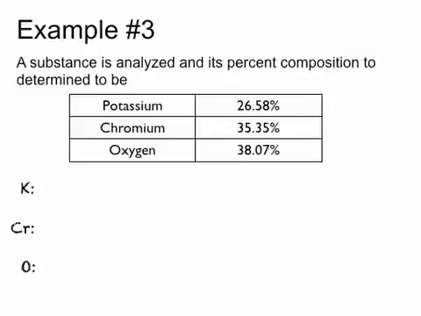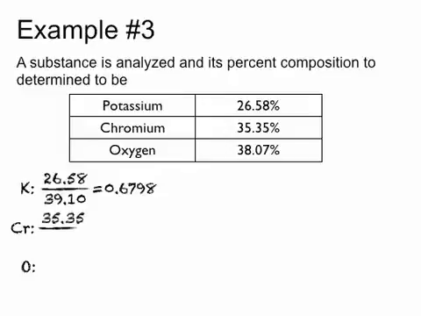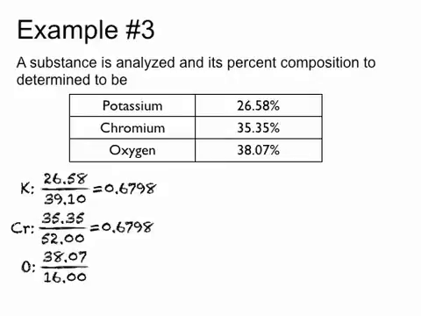So beginning with our three substances, 26.58 grams of potassium divided by the molar mass of potassium, 39.10, yields 0.6798. 35.35 grams of chromium divided by the molar mass of chromium, 52, yields 0.6798. And finally, 38.07 grams of oxygen divided by the molar mass of oxygen, which is 16, yields 2.379.